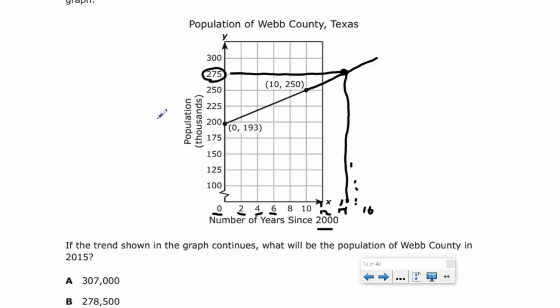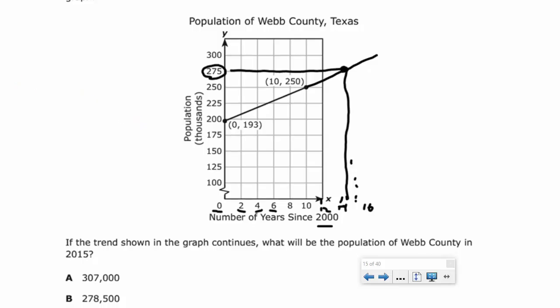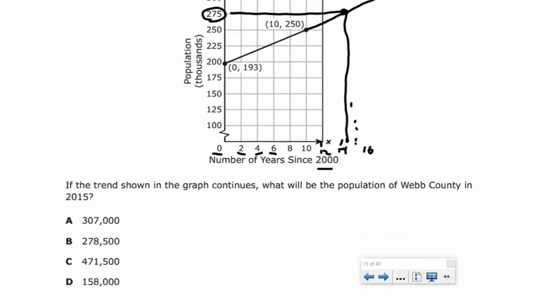That's just a guess, and let's see what the closest answer to that is, because my guess could be off. The closest answer, 275, there's actually only one reasonable answer. It's going to be about 278,500. All right, so it's pretty obvious this has to be the answer. None of these are even really close. So that will be your solution. It's really just an estimate, okay? Don't spend a whole lot of time on that.